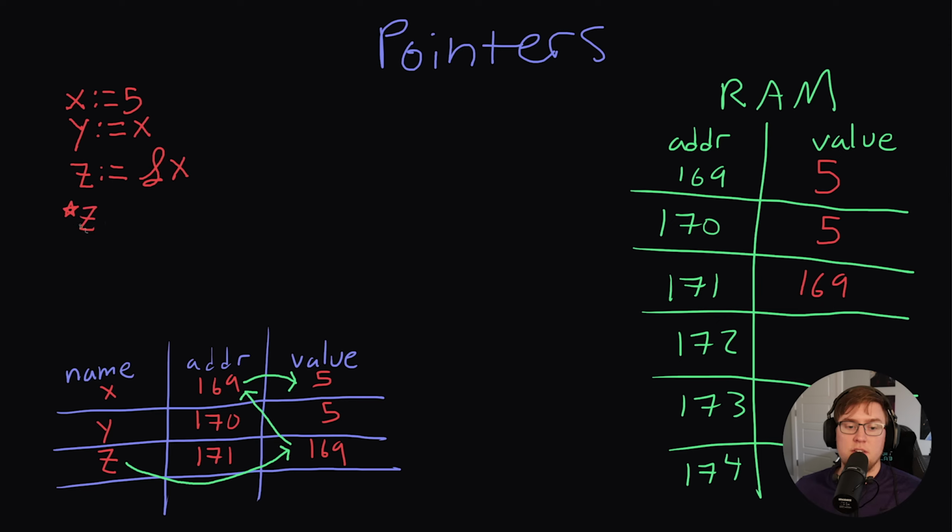Now this dereference operator essentially follows this chain and finds the value, right? And we reassign into it, let's say the value 6. So this becomes 6, and this location in memory is updated now to hold the value 6. So we've updated the value of x without even using the name x.